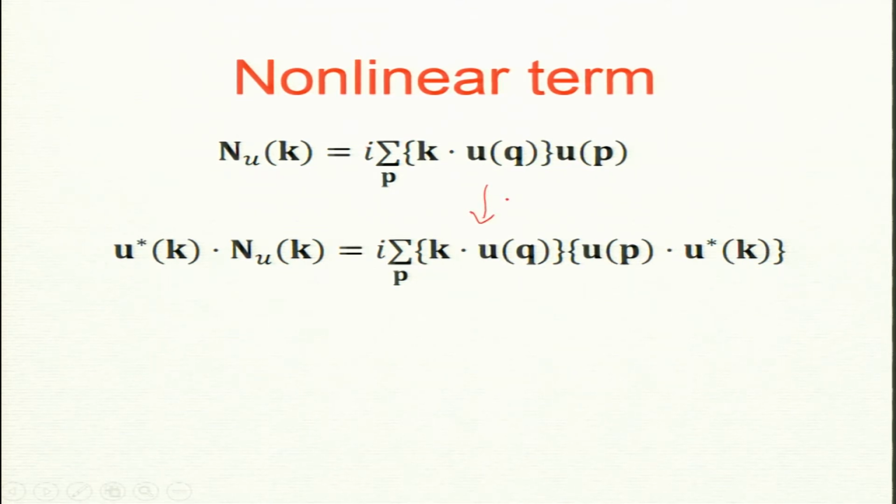In fact, we will spend a lot of time on this term a bit later. Now, it is a product of 3 u's, one u, one u, one u, and one of them is a complex conjugate. In fact, the dot product of 2 u vectors, and one is a dot product of a number. Okay. Now, I need to of course take the real part of this.